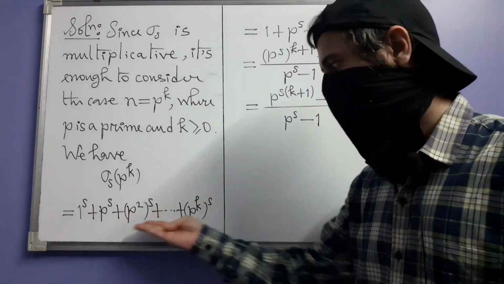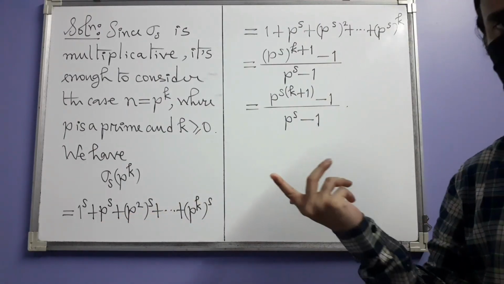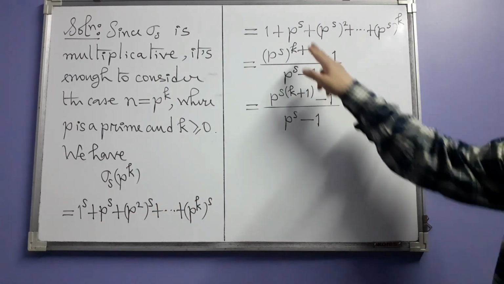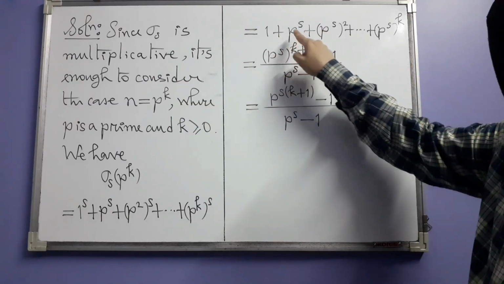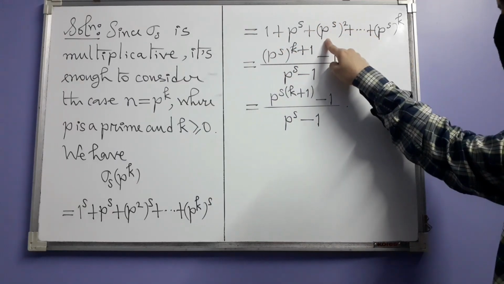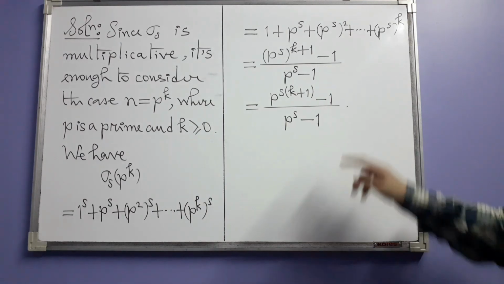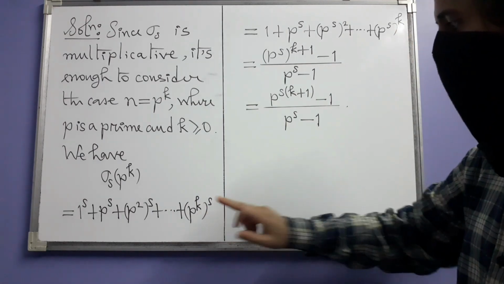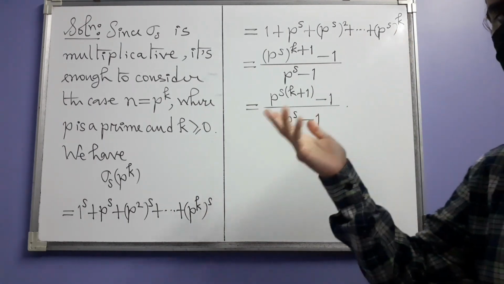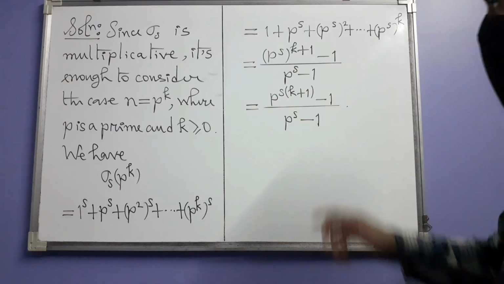And you can clearly write this sum using the usual rules of exponents like this. 1 plus p to the power s, then the square of that, so you can interchange 2 and s. That's what we are doing here. Here also you can interchange k and s, and you do the same thing to the intermediate terms as well.